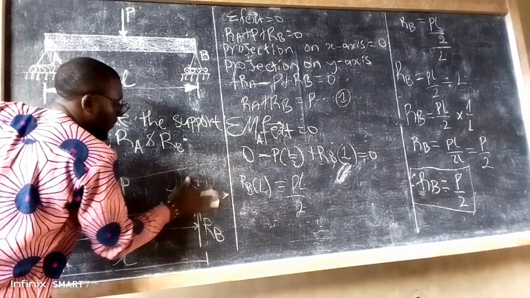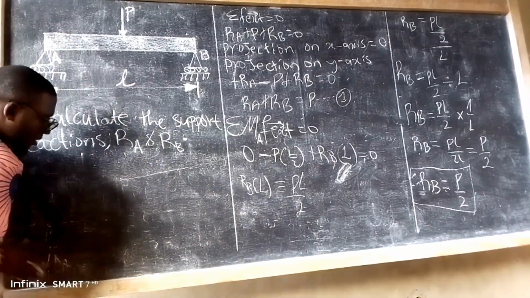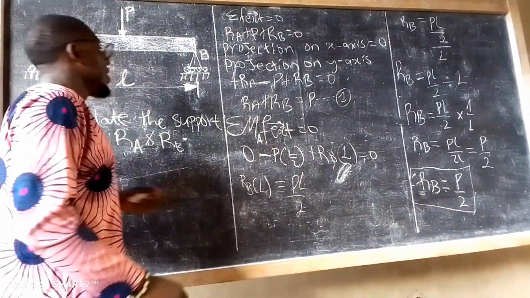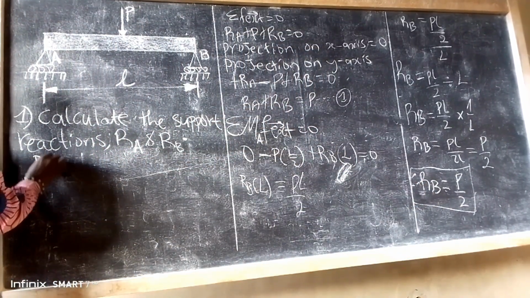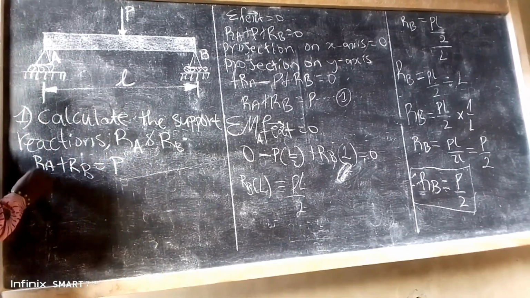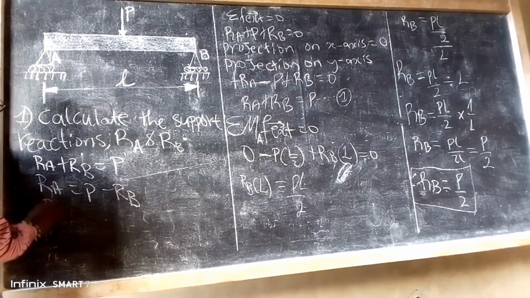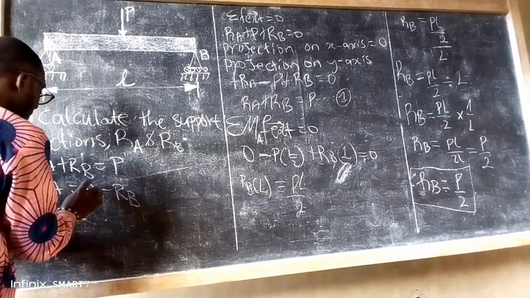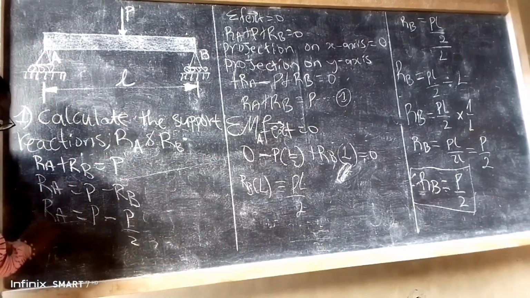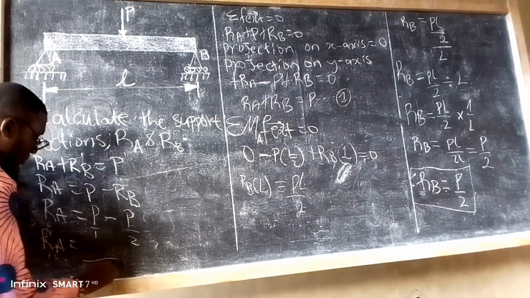Now we are going to solve for RA. We have obtained the value for RB, so we need to substitute it into our equation 1. We know that RA plus RB is equal to P, so RA is equal to P minus RB. RA is equal to P minus P on 2. We look for the LCM, which is 2.